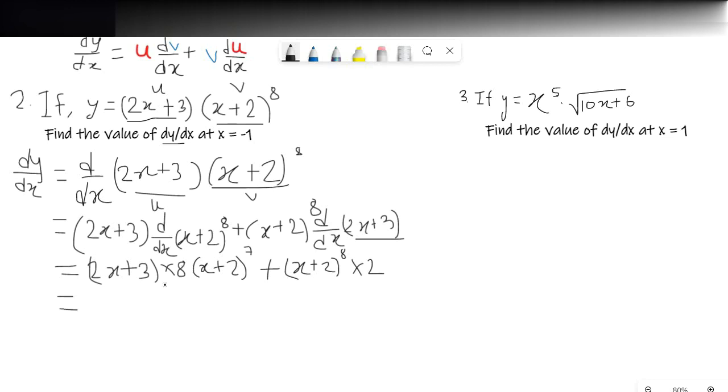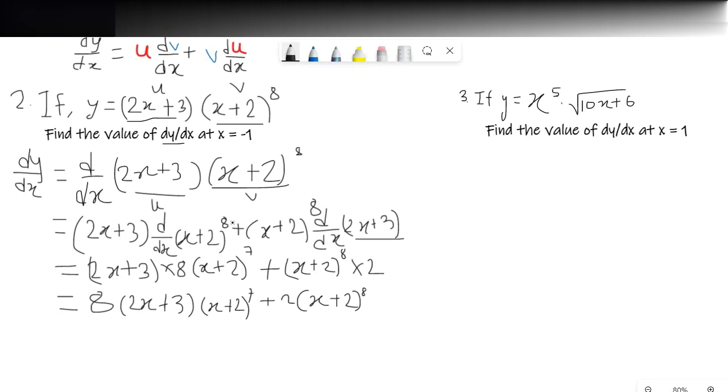And now we finally get 8 multiplied by (2x plus 3) multiplied with (x plus 2) whole to the power 7, plus 2 multiplied with (x plus 2) whole to the power 8.